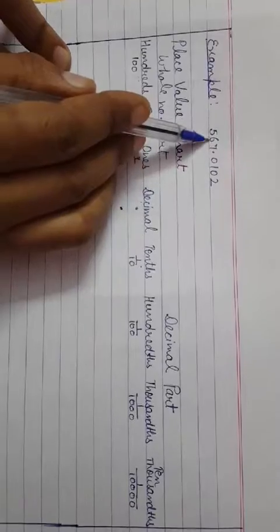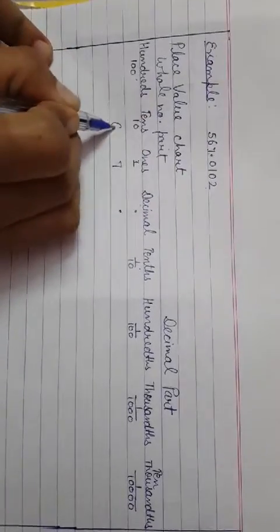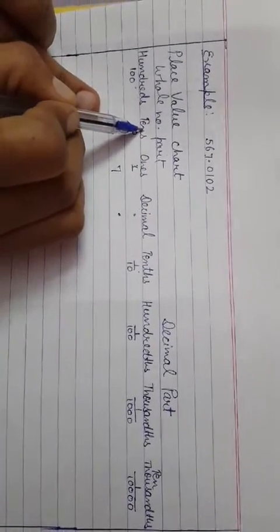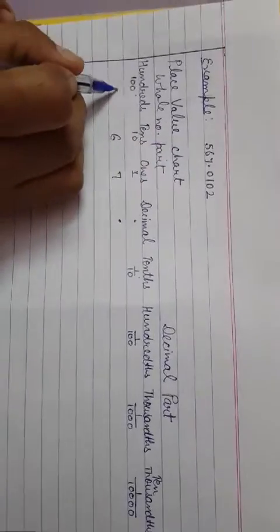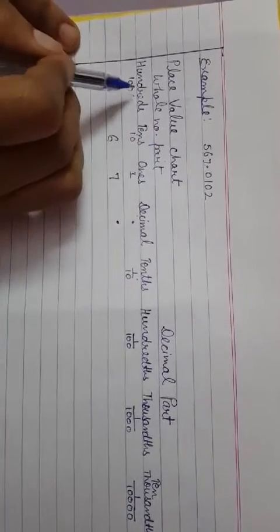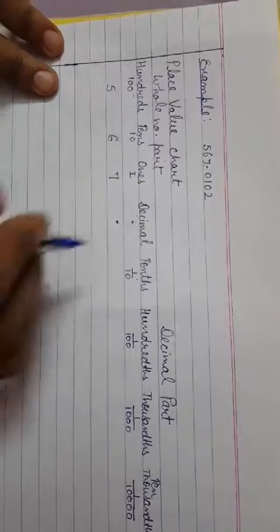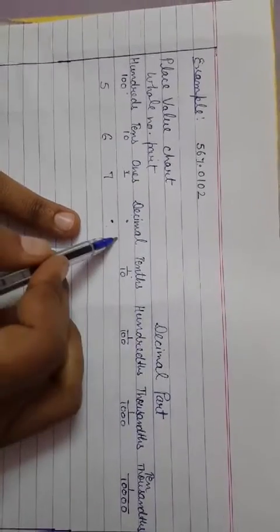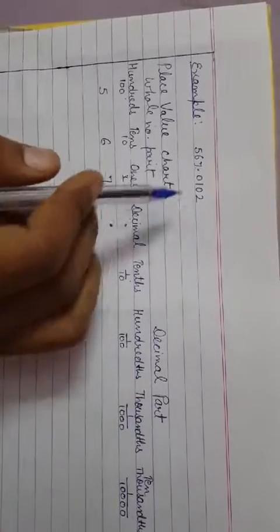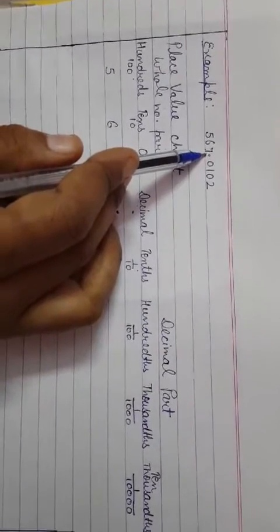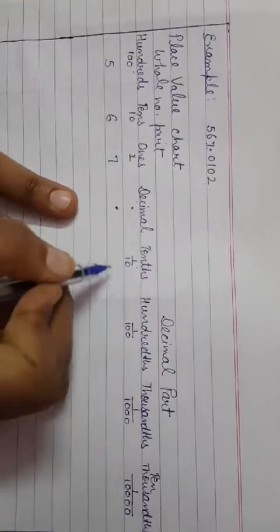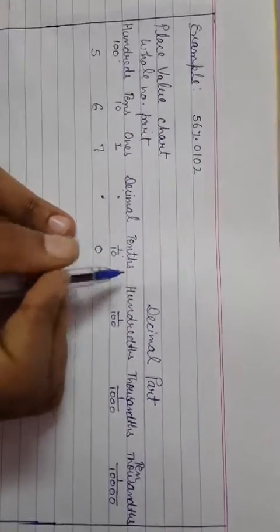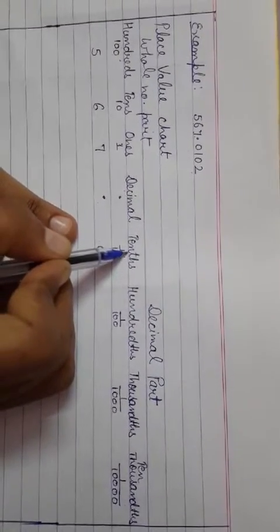Just before the 7 I have 6. It will have the place value of tens, and then 5 has place value hundreds. Now in the decimal part, the number just next to the decimal is 0. So 0 will have the place value of tenths.